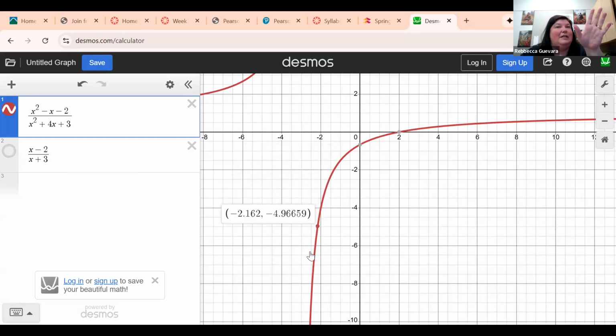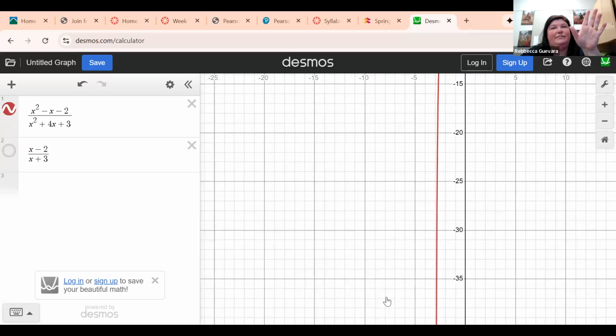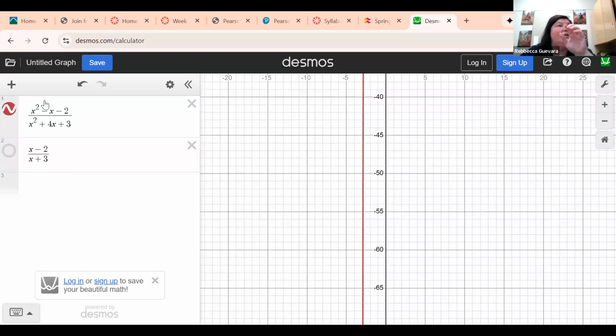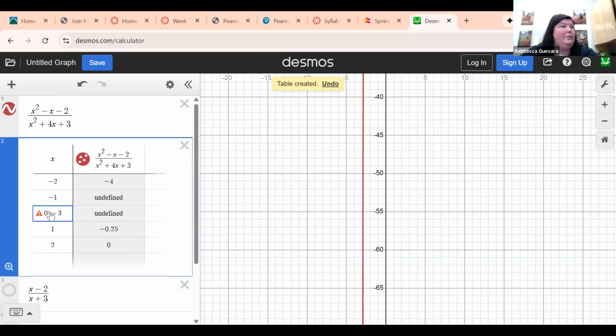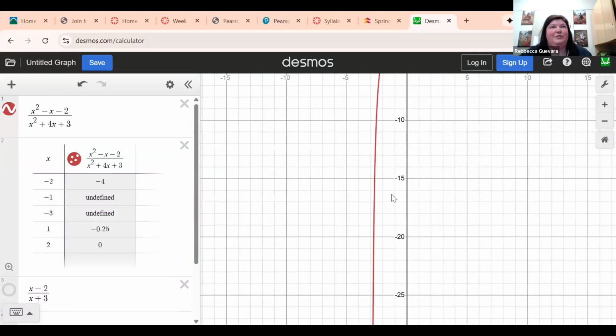And then at 3, which will be way down here, it's not working so well. We'll just look at the charts instead of the graph. So as we see, it's going to be undefined at -1 and -3.